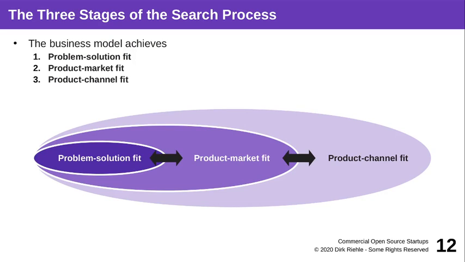And then this search process has, by most authors, 3 stages. It starts out with searching for and finding so-called problem-solution fit, where you identify one problem of potentially many and find a solution for it.